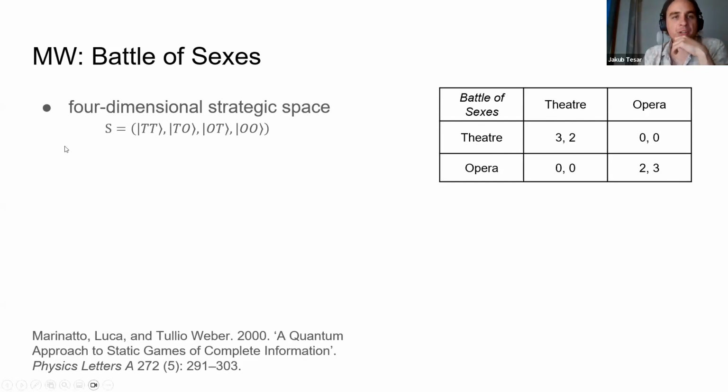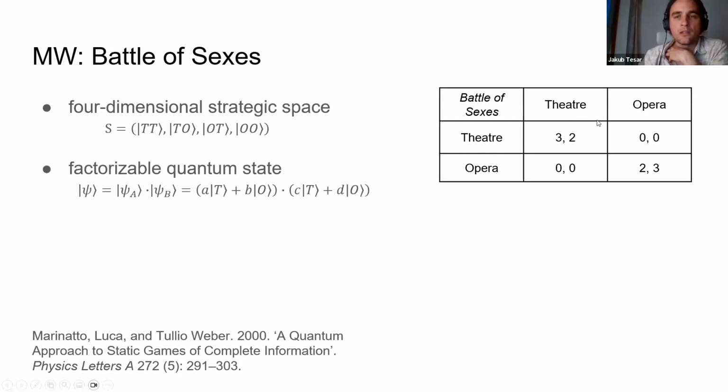And so we have a four-dimensional strategic space, whose basis is the combination of strategies of individual players. As I said, in this four-dimensional model we allow the players to build a vector space which allows for the combinations.